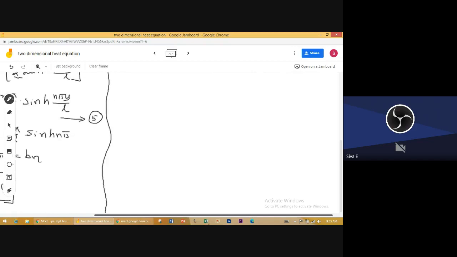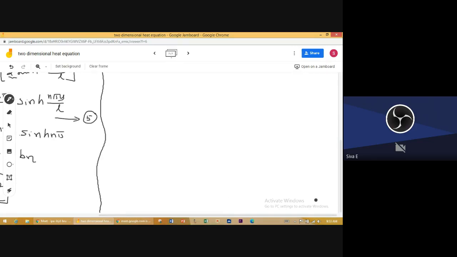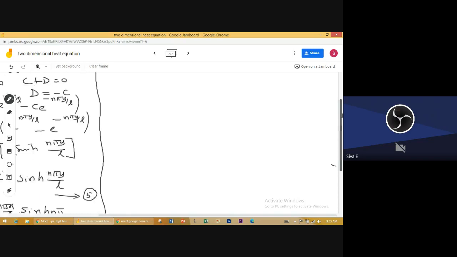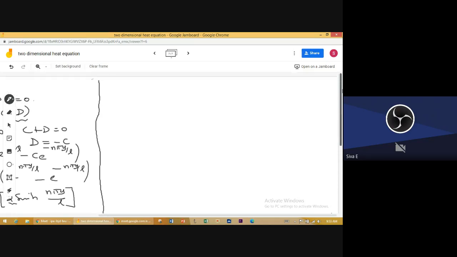So therefore, f of x equal to summation of n equal to 1 to infinity Bn sin n pi x by l.